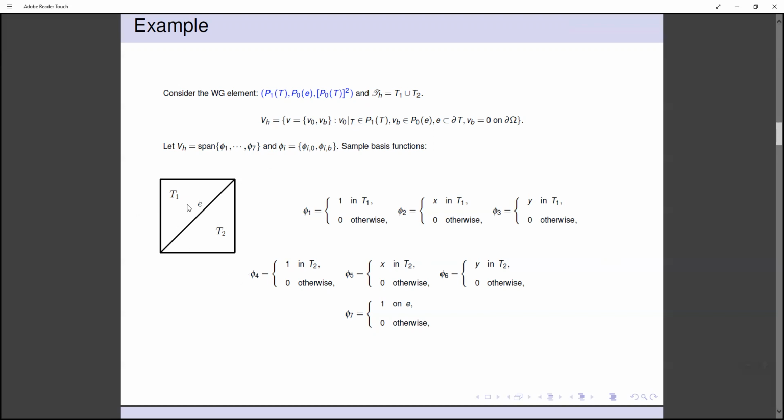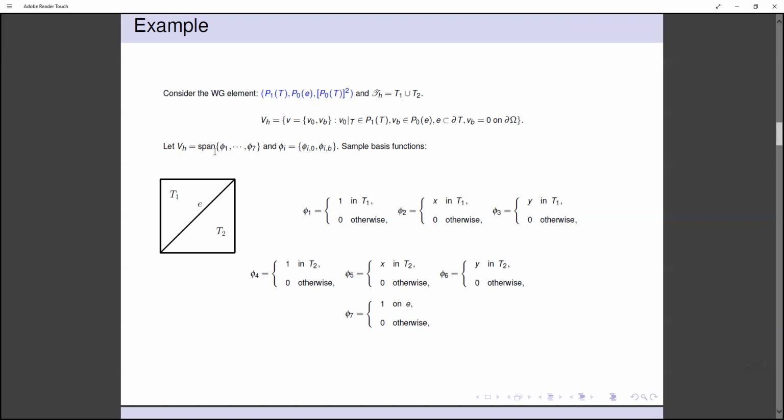They're totally unrelated. So P1, first order polynomial, has 3 degrees of freedom on T1, and 3 degrees of freedom on T2. Then VB is P0. On VB you only have 1 edge, so it has 1 degree of freedom on E. Therefore, the dimension of VH should be 7.